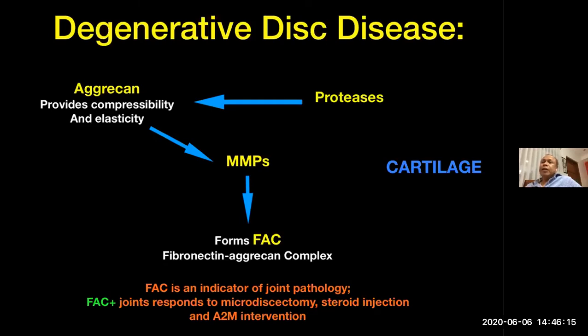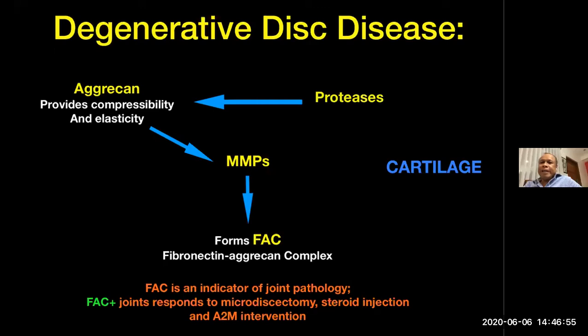For instance, if the patient turns out to be FAC positive, then we are sure that this particular patient would respond to microdiscectomy, or if we are not doing microdiscectomy, we can do a steroid injection, and this will respond to that. And if you are doing other interventions like A2M, this is also responsive to A2M. So in other words, if it is positive, then it will guide us as to whether we should do this first or go right away to surgery.